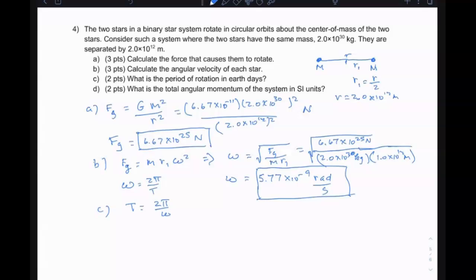So the period is equal to 2 pi over omega, which is 2 pi over 5.77 times 10 to the minus 9 radians per second. And that period then is 1.09 times 10 to the 9 seconds.